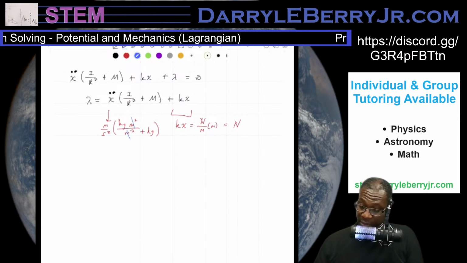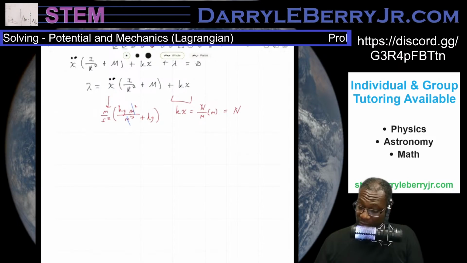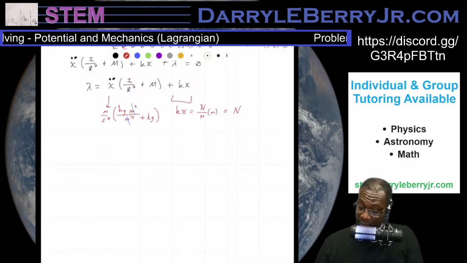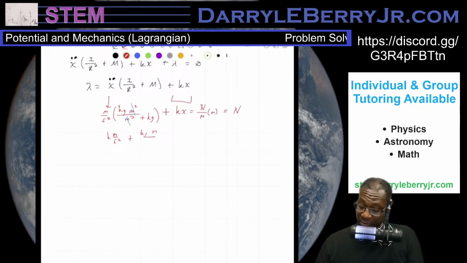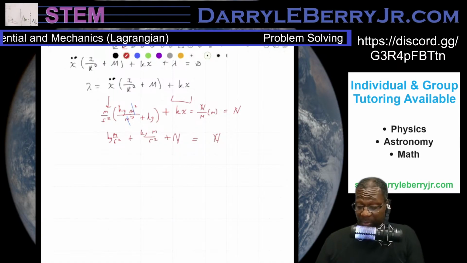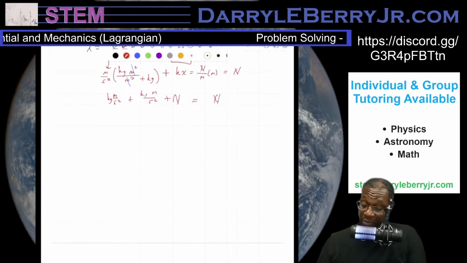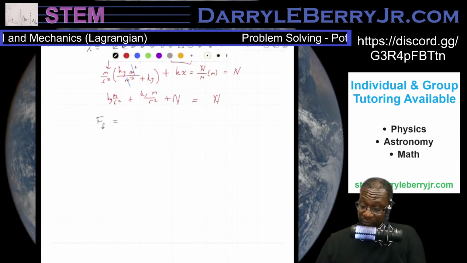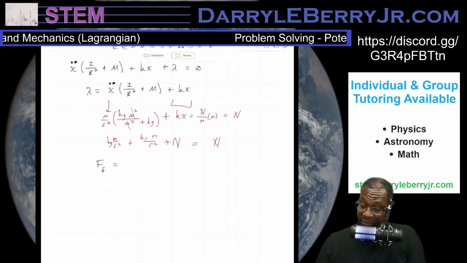So this cancels, this cancels. So you have kilograms meters per second squared plus kilograms meters per second squared plus newtons equals newtons, because newtons is kilograms meters per second squared. So this is a force equation. So the force of friction should be this.